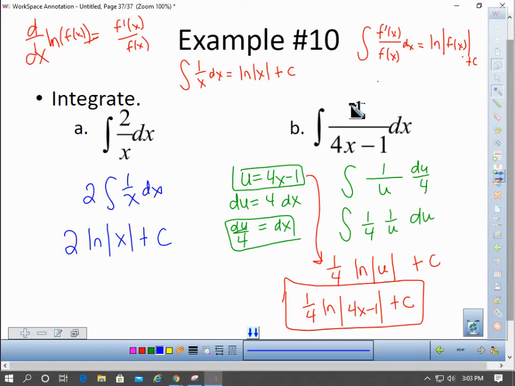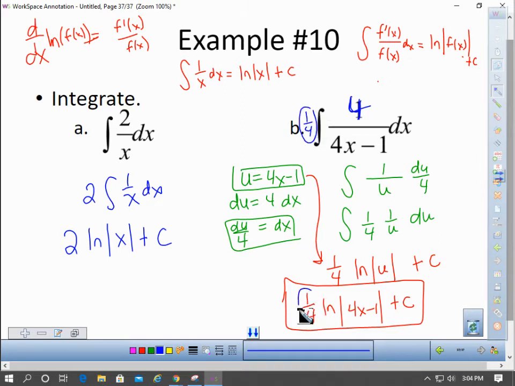If I want to make this a 4, I can just multiply by 4 as long as I put a 1/4 out in front of the integral, because then that cancels and it still gives me 1 over 4x minus 1. Now this function here, 4 over 4x minus 1, is the derivative of the natural log of 4x minus 1, and here's the 1/4.